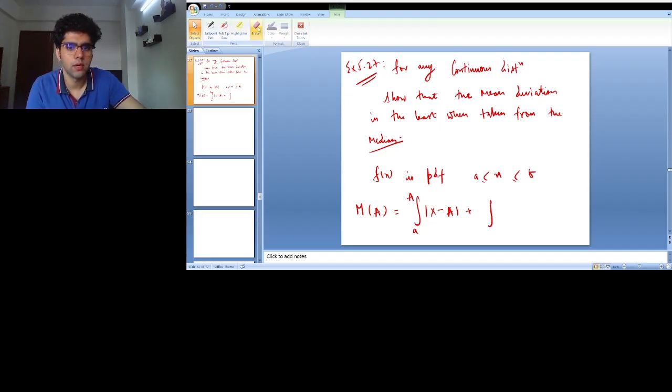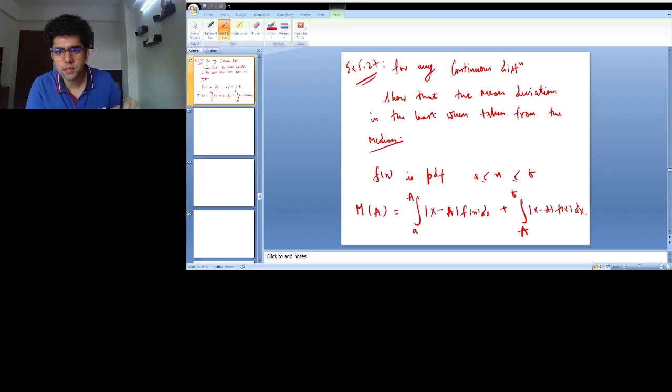So this is the integral from a to A of |x minus A| f(x) dx plus the integral from A to b of |x minus A| f(x) dx.